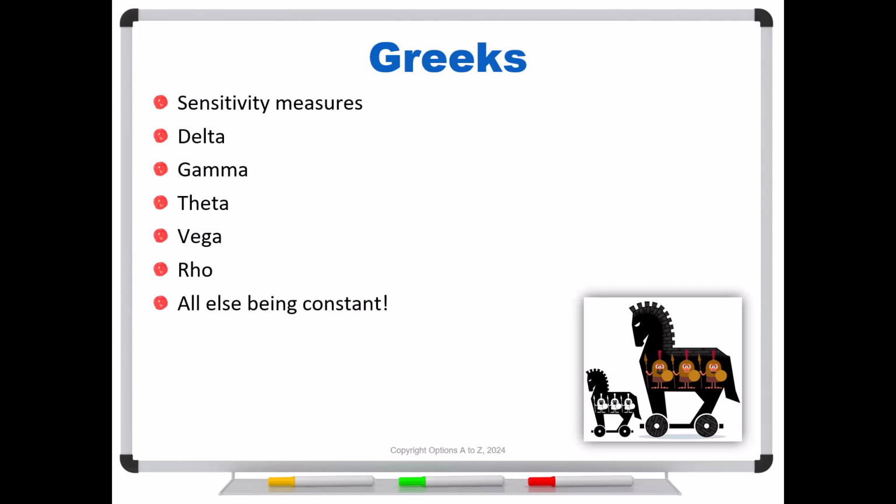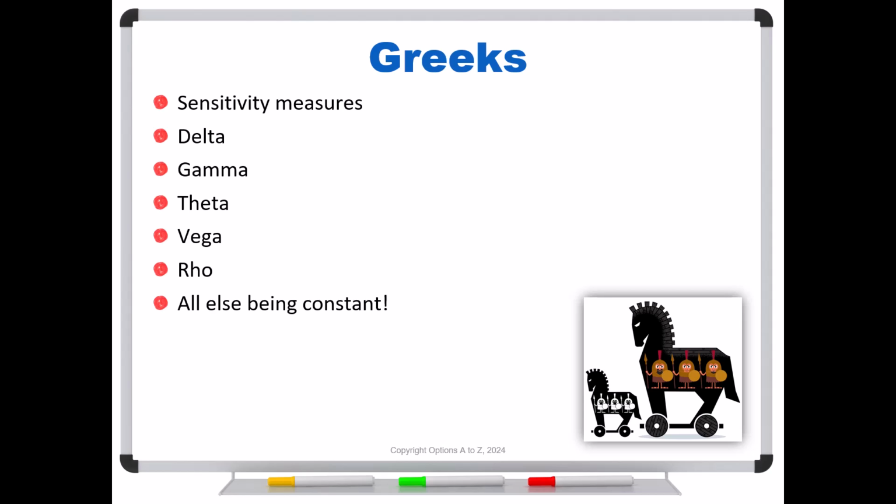And so the number that you see on your broker's platform is probably not going to be valid, not because it's mathematically incorrect, but because we have to assume that nothing else changed. And again, in the case of rising volatility, that's probably not going to be true. So just keep in mind that whenever you're interpreting any of the Greeks, it assumes that all of the others are held constant.